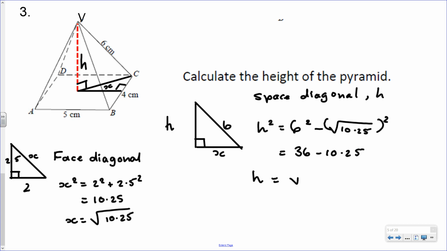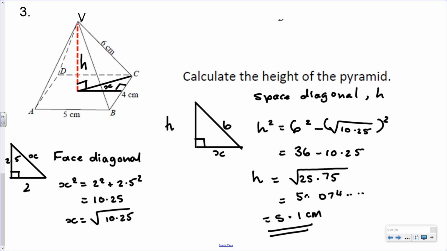So the height is equal to the square root of 25.75, which gives an answer of 5.074. It's one decimal place, so we'll call it 5.1 centimeters for the height.